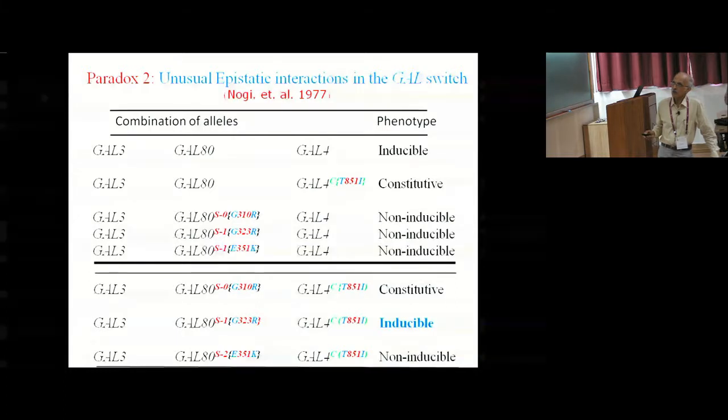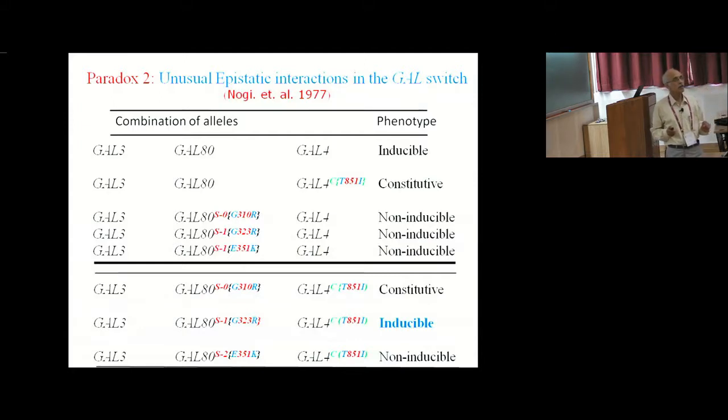Suppose, for example, you take this strain, or this strain, or this strain, these are only mutations in GAL3 and GAL80, correct? Yes, sir. And none of the strains are inducible. What it means is that this binds GAL4, this binds GAL4, this binds GAL4. In none of the cases is GAL3 able to overcome that repression. That's what it means from this particular data. Is that fine? Yes, sir, I understood.